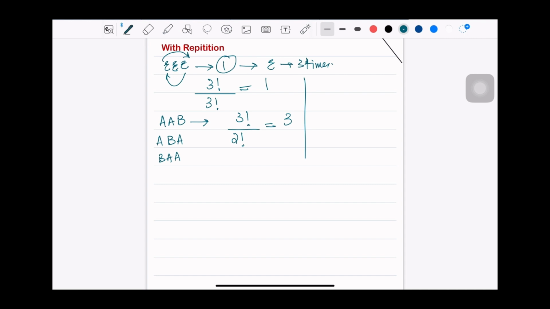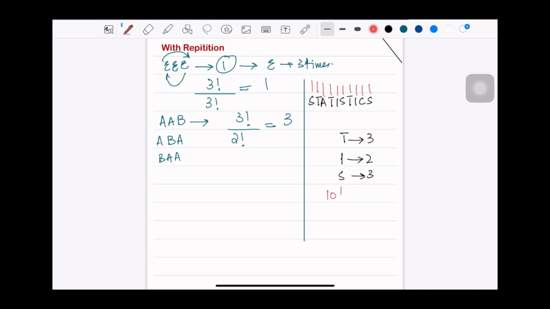So let's say we have a word like this, S, T, A, T, I, S, T, I, C, S. Statistics. As we can see, T is repeated 3 times, I is repeated 2 times, and S is also repeated 3 times. And how many letters are there? 1, 2, 3, 4, 5, 6, 7, 8, 9, 10.